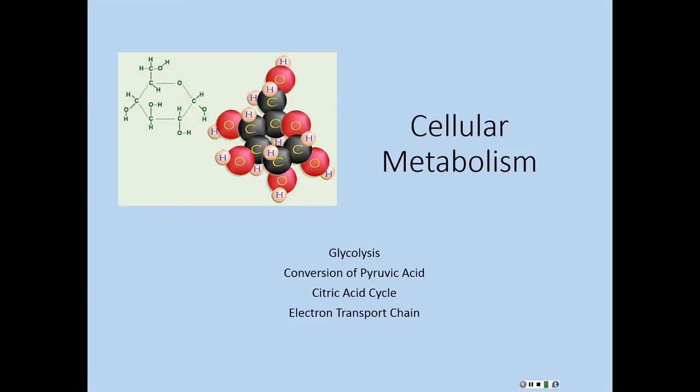But it's really important that you understand this process. We'll have subsequent lectures that go through glycolysis, and then we usually put the conversion of pyruvic acid and the citric acid cycle, or the Krebs cycle, as it's sometimes called, together in a single lecture, and then one on the electron transport chain.